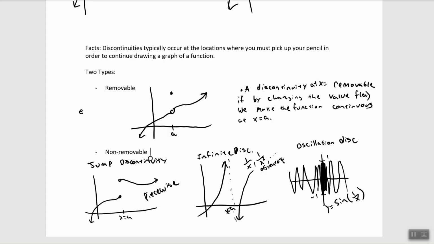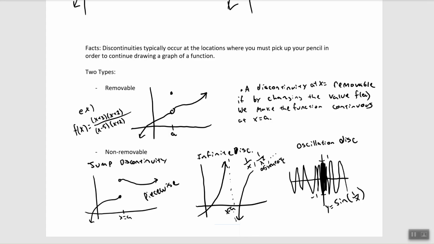An example of something that would have a removable discontinuity would be the function f of x equals x plus 3 times x plus 2, divided by x minus 5 times x plus 2. Normally, you would say there's a bad point, or a discontinuity, at x equal to negative 2, because you'd be dividing by 0 when you plug in negative 2.